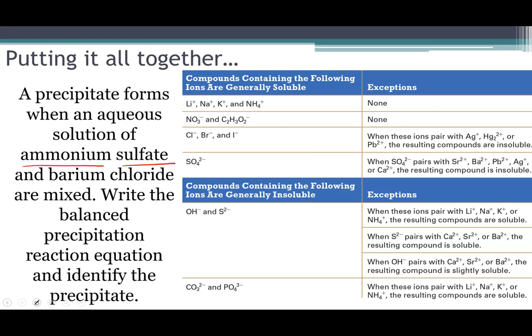So ammonium sulfate, ammonium is NH4. It's got a positive 1 charge. Sulfate is SO4. It's got a negative 2 charge. Okay. So when ammonium sulfate come together, they flippity flop their charges. We would see that the neutral formula would be NH4, the subscript 2, SO4. That's going to be mixed with barium chloride.